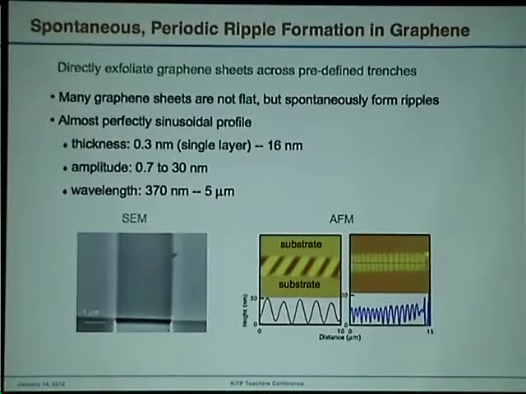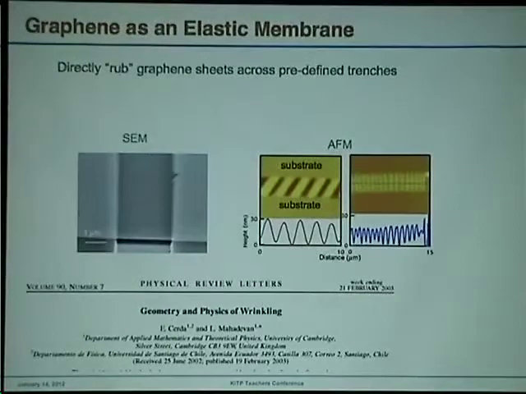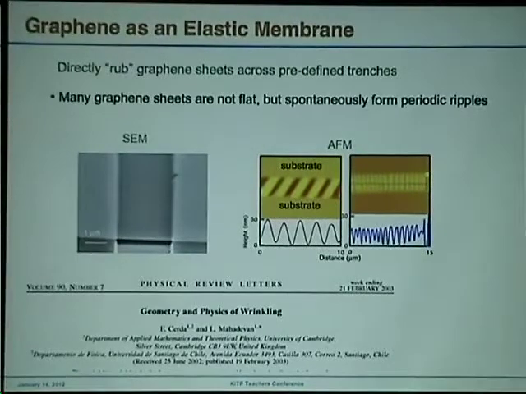And at the time, it was also very surprising, because people's conception is that graphene is very rigid, as shown by Professor Hong before. It's a very strong, very rigid material. So why would it form ripples? It actually turns out to be understood by the so-called physics of wrinkling.